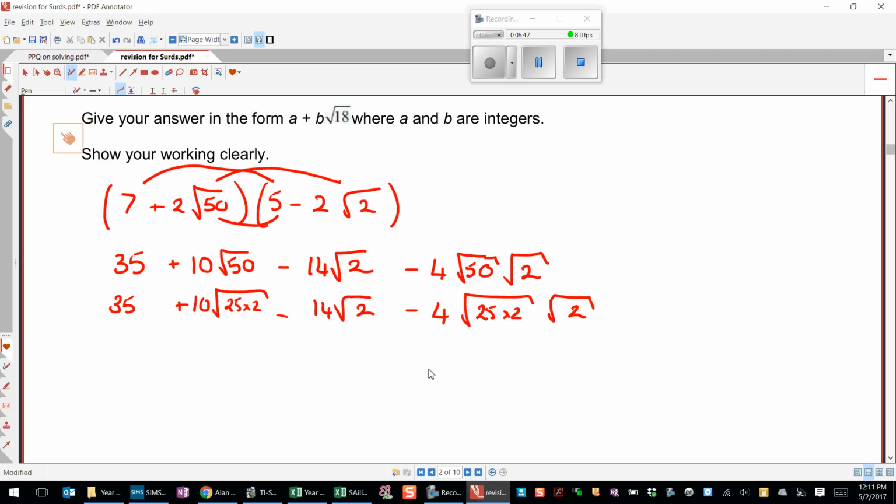So then we've got 35 plus 10 times root 25. Root 25 is 5. So 5 times the 10 makes 50 root 2.